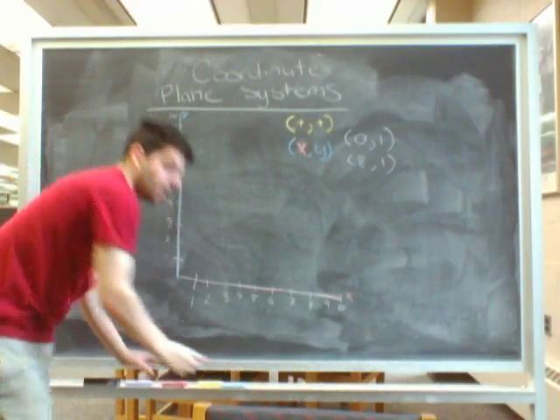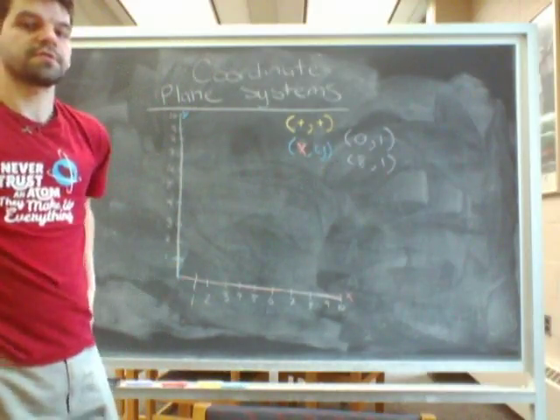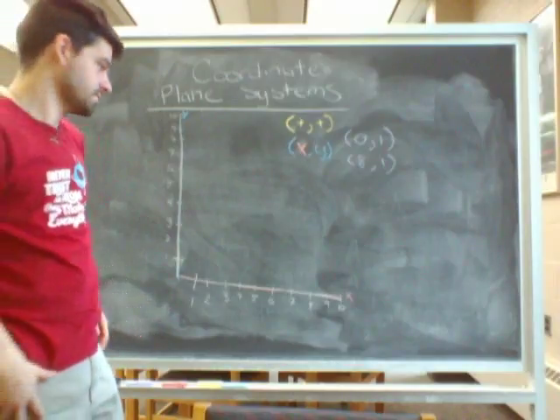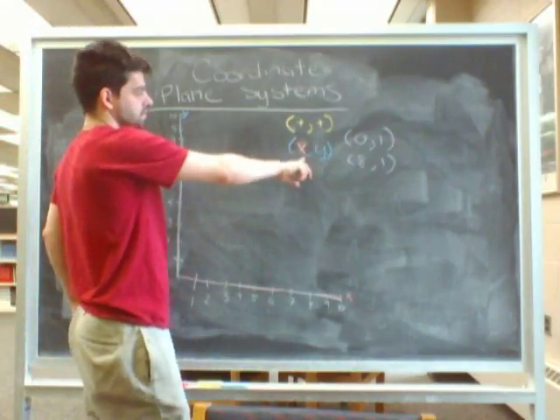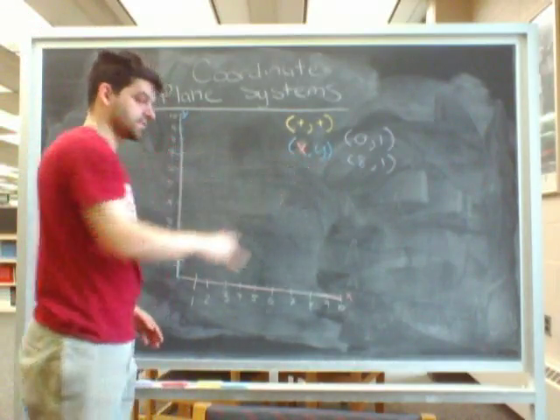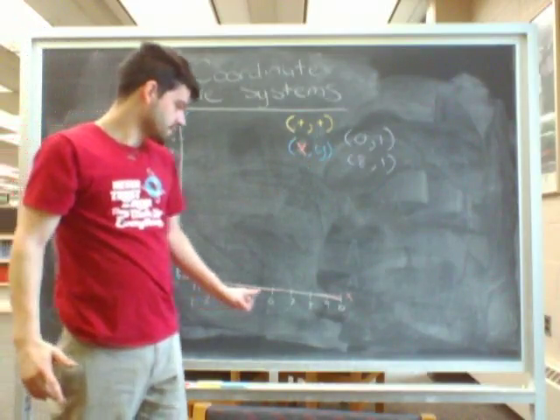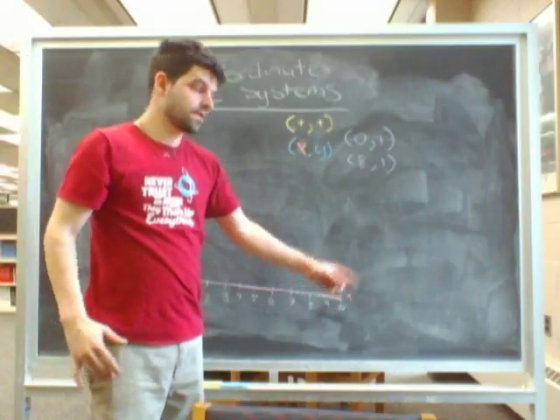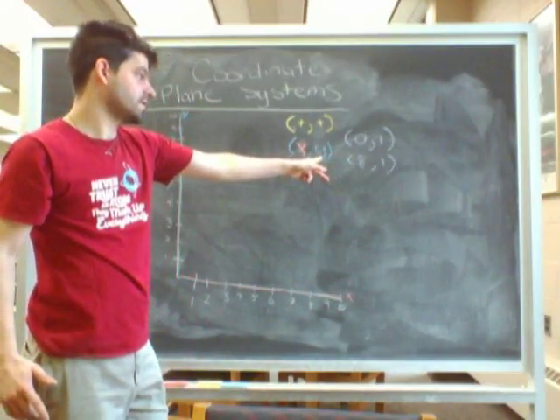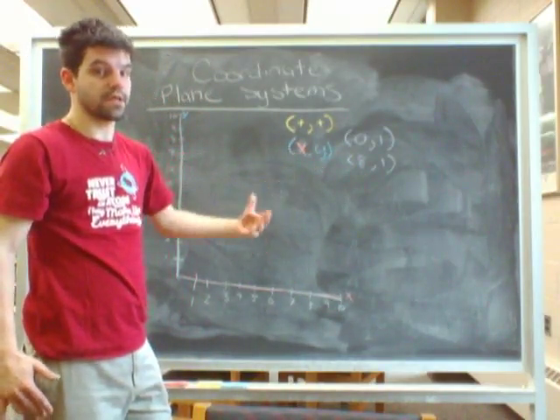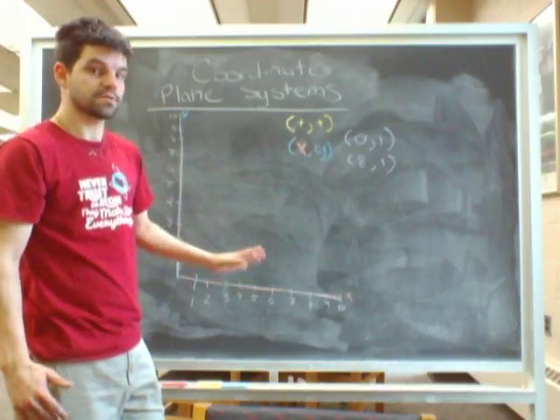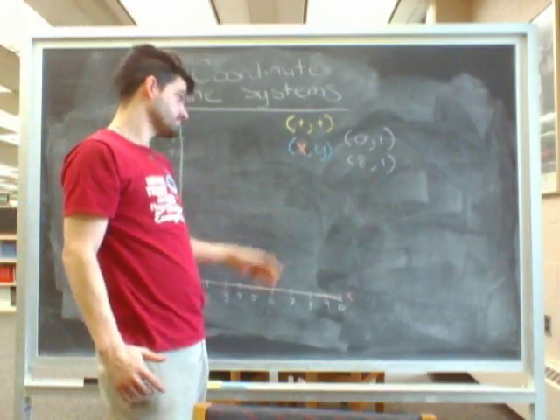Now, all that means is that it corresponds to the axis that we're talking about, okay? So the first value is going to be your x, which means that's how many units you're going to first move down the x-axis. The second value is going to tell you how many units you're going to move up or down. But again, this is a positive quadrant, so we're only going to be moving up.